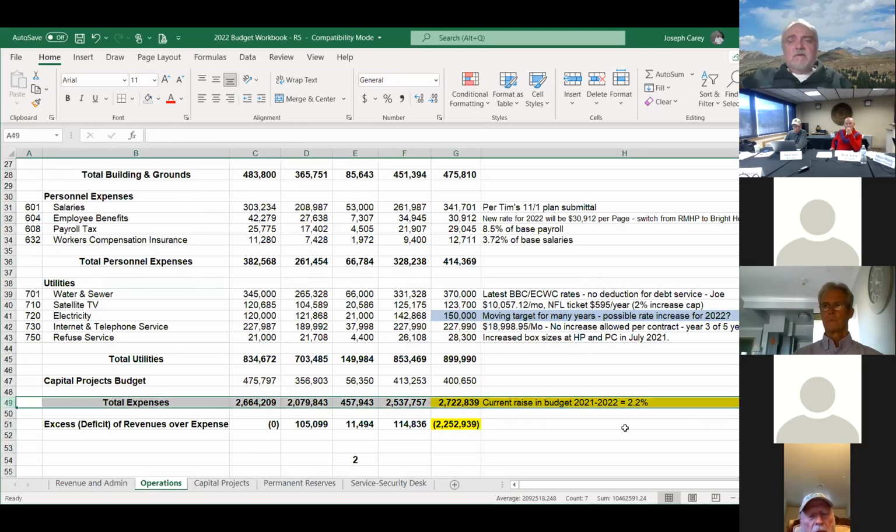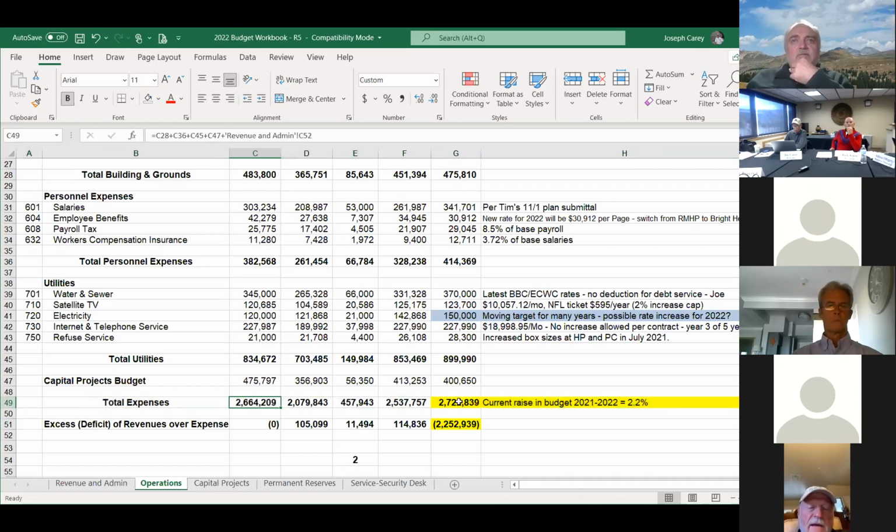The increase in the total expenses budgeted next year versus what was budgeted last year is 2.2%, 2,722,000 versus 2,664,000. You see that? I see that. This number is 2.2% higher than this number. Got it. Okay.